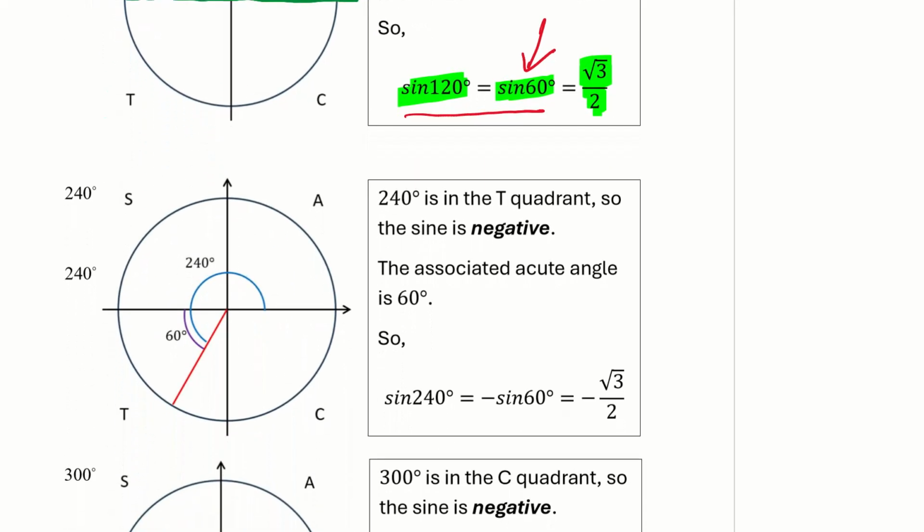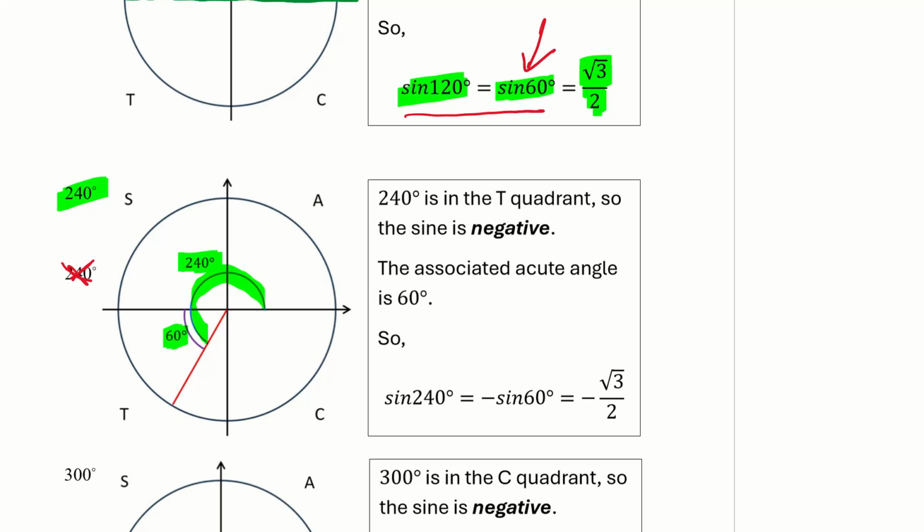If we now move to looking at 240 degrees, I don't know why I've got it there twice. I'll actually get rid of this one before I send it out to you. And 240 measured from 0 is this angle here. The associated acute angle is 60 degrees.